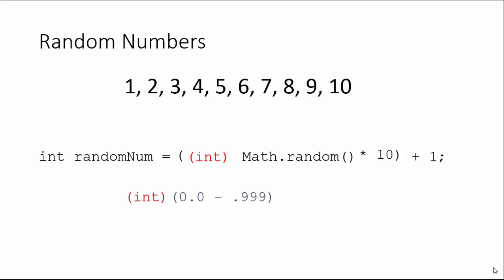Well, if 0 is the smallest number and 0.999 is the biggest number I can have at this point, when I cast it as an int, I'll get a number between 0 and 0, or just 0, because all casting does is truncate the decimal portion of the number. I'll multiply that 0 by 10, and I'll end up with 0. Be careful when you cast. Remember that casting has higher precedence than multiplication and division, and if your results are not as you expected, then you've made a logic error. Check your code to make sure that you're casting properly.